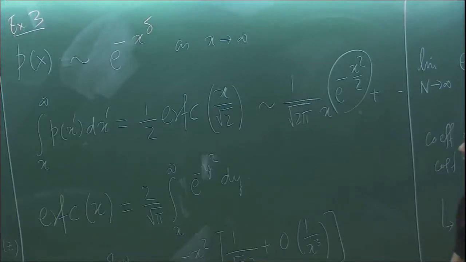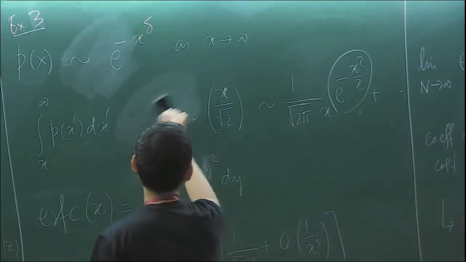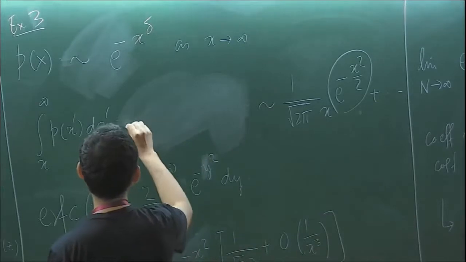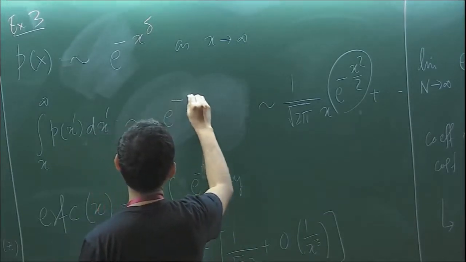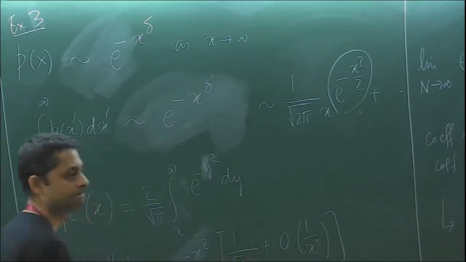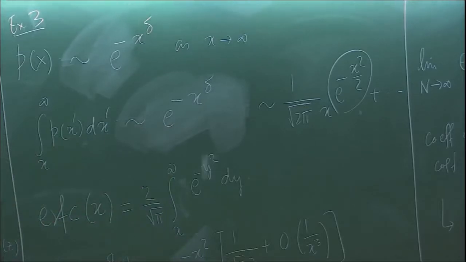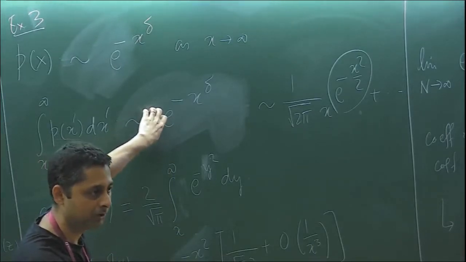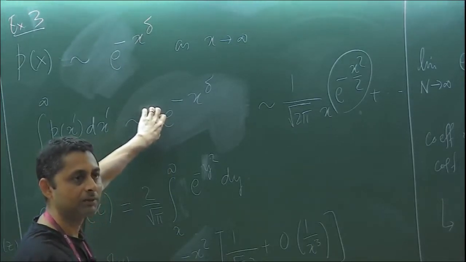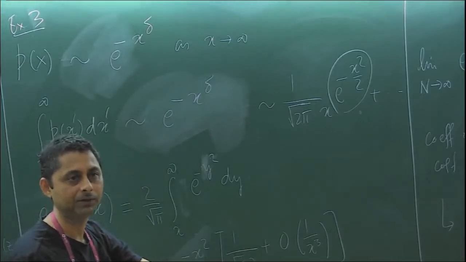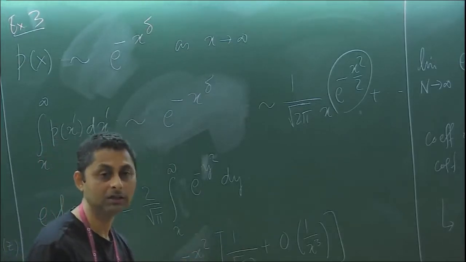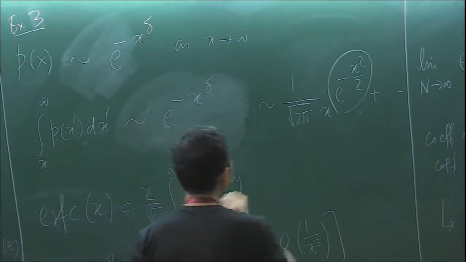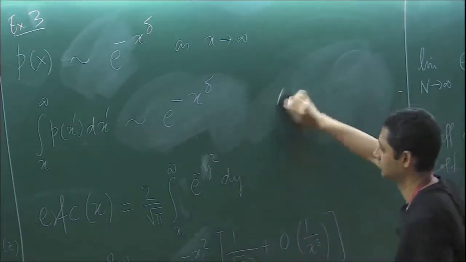So this integral still behaves like exponential of minus x to the power delta for large x. There will be some polynomial prefactors, but those will be the subleading terms. We are just interested in the leading order behavior.